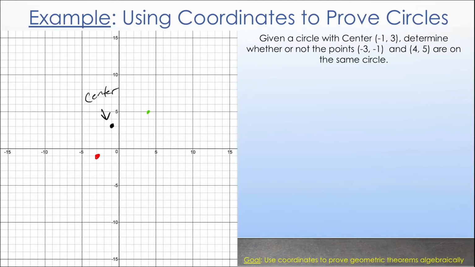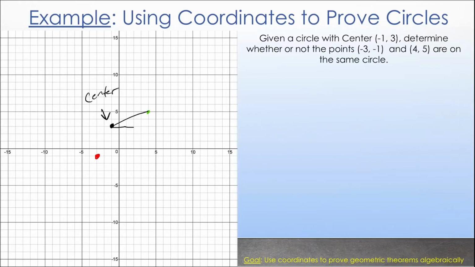In some of your questions, it's going to be very easy to know if they're the same distance, and other ones you're going to be like, I don't know. This one looks like they could be on the same circle, but they very well could not be. So we're going to actually use the distance formula to solve this.